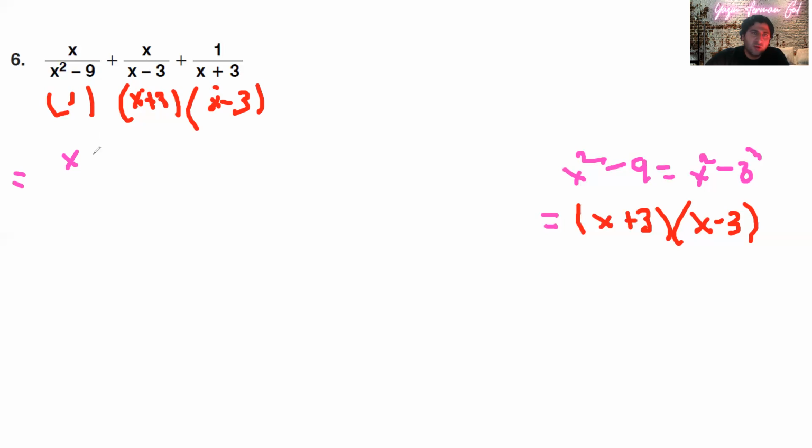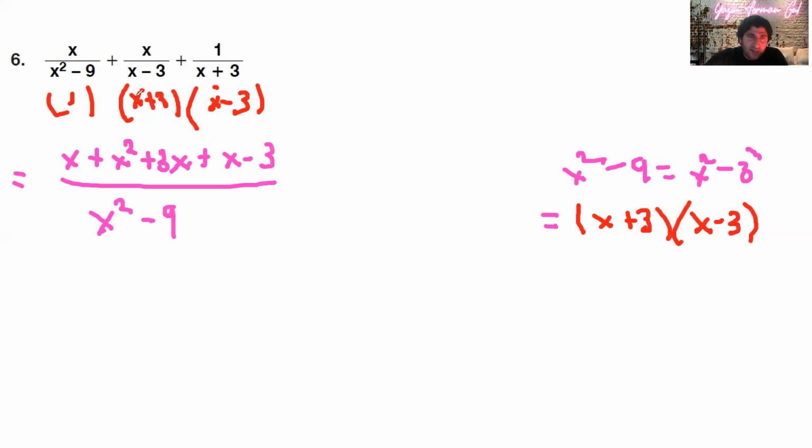So I'm just going to add the numerators. 1 times x is x. Then plus, x times x plus 3: x times x will be x squared, x times 3 will be plus 3x. Then 1 times x minus 3 will be plus x minus 3, over x squared minus 9.